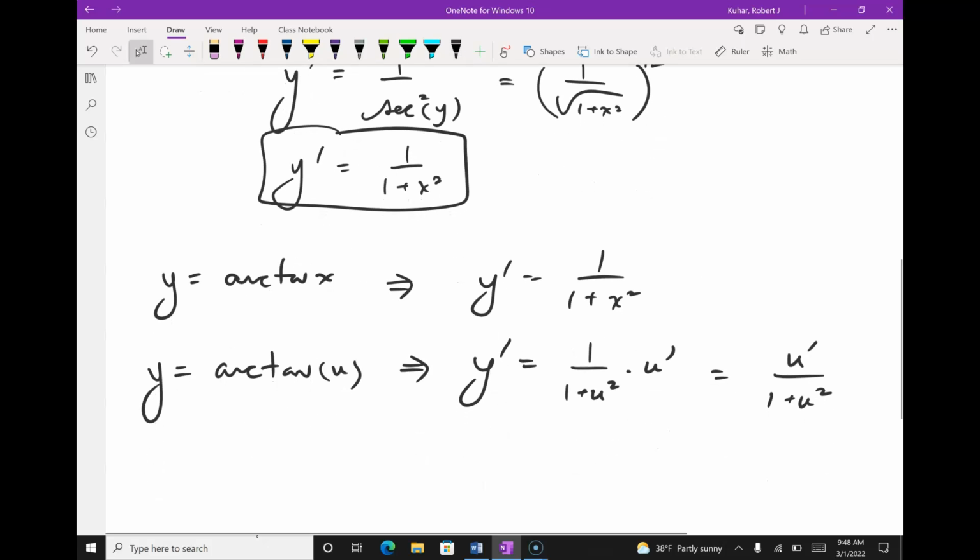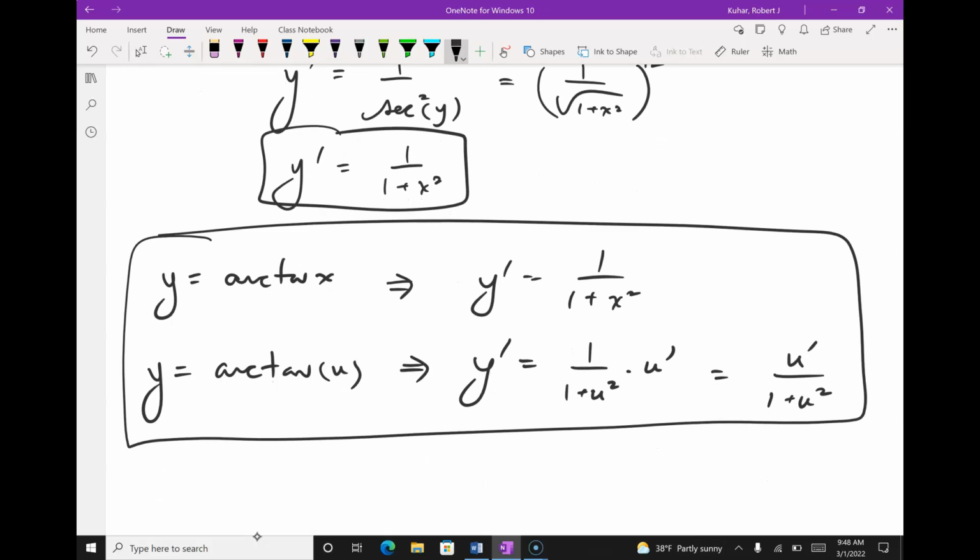So we're going to have 3 of these on our formula sheet: one for inverse tan, one for inverse sine, one for inverse cosine.